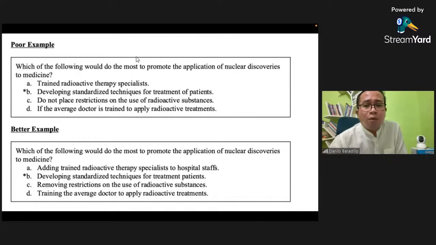So what happens now with our alternatives? They are now in harmony, having the same structure and parallel to each other. And these are all, of course, gerunds. So now there is uniformity in the kind of alternatives.